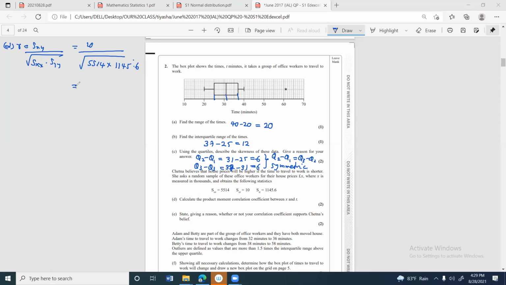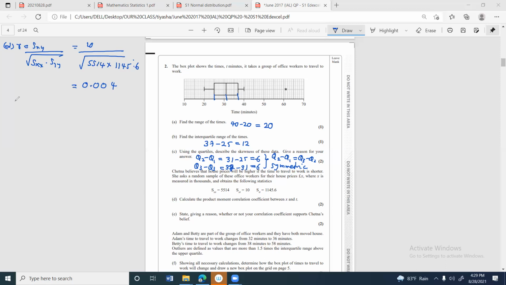Then put 10 divided by the square root of 5,514 times 1,145.6. So it shows you a pretty small answer, 0.004. Okay, state, giving a reason, whether or not your correlation coefficient supports Chetna's belief.